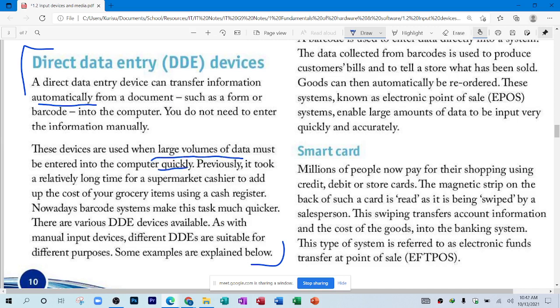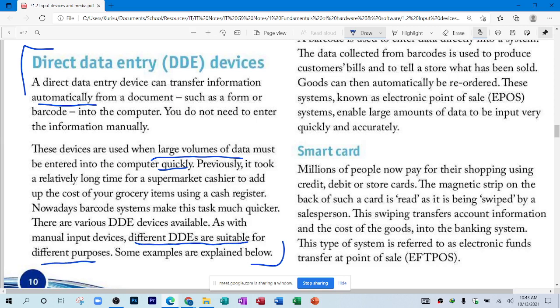Previously, it took a relatively long time for a supermarket cashier to add the cost of your grocery items using a cash register. Nowadays, barcode systems make this task much quicker. There are various DDE devices available. As with manual input devices, different DDEs are suitable for different purposes. Some examples are explained below.